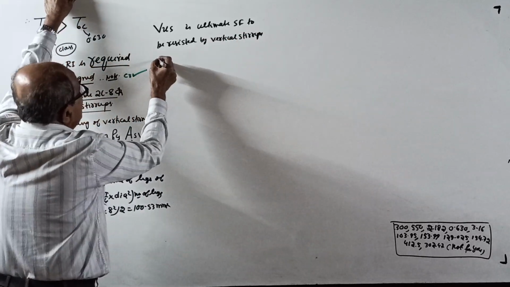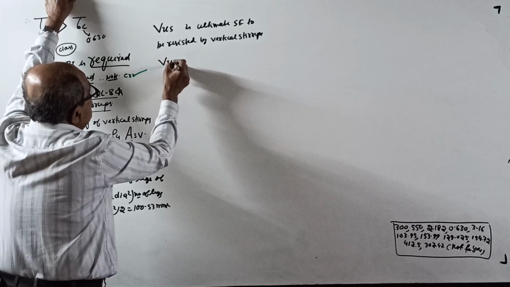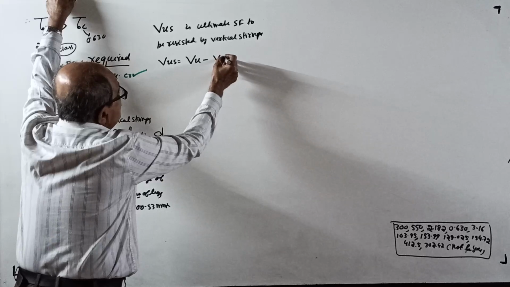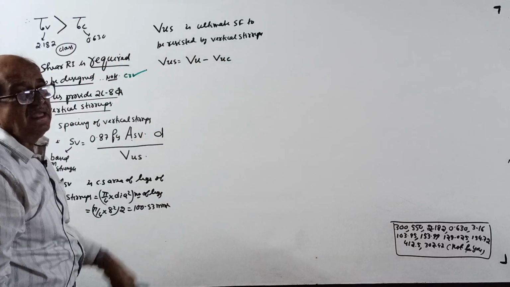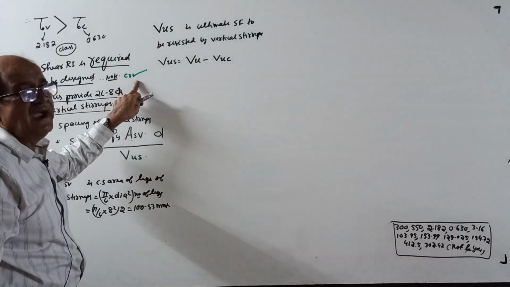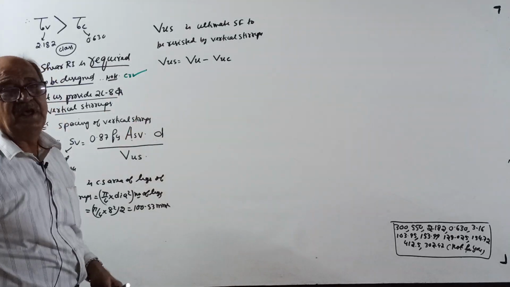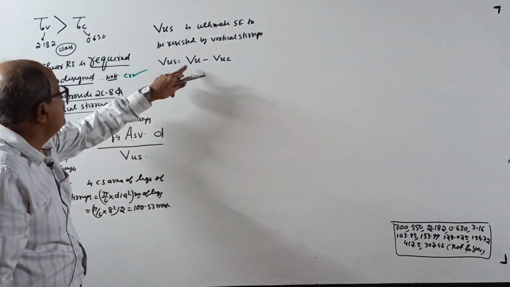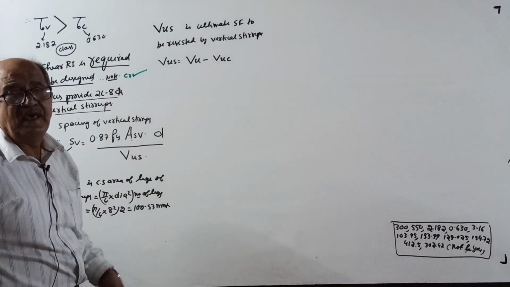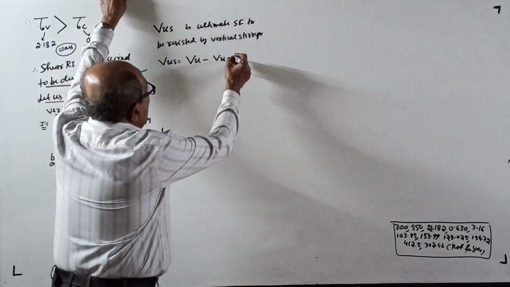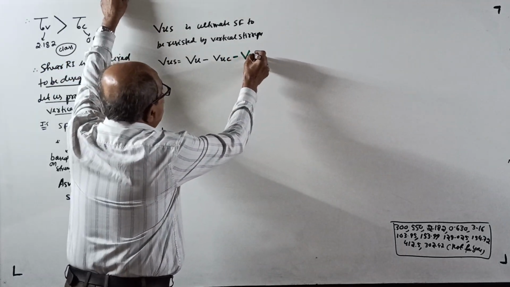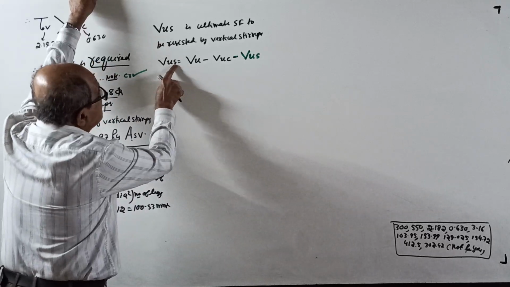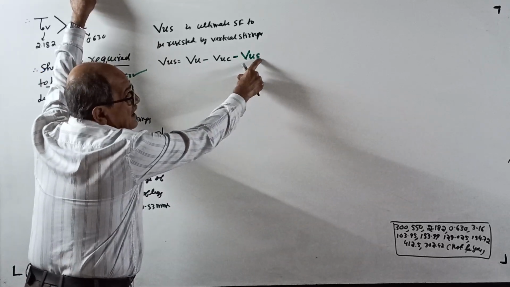How to get VUS? VUS equal to VU subtract VUC. This was the formula earlier, when inclined cranked bars are not there. Whatever shear force, subtract shear strength of concrete. But now the cranked bar is there, so you also have to subtract VUS. Oh, problem comes. This is VUS for stirrup, this is VUS for cranked bar.